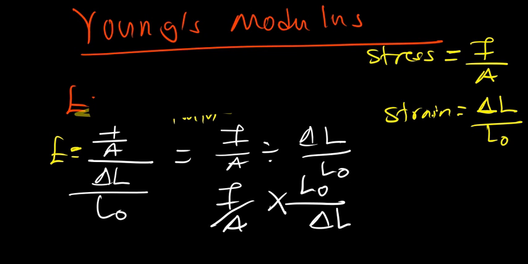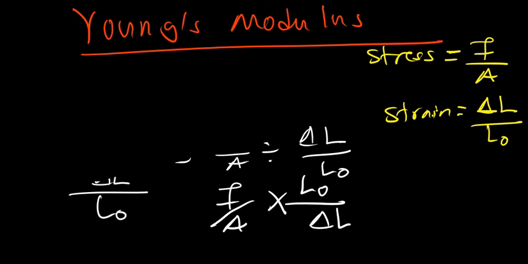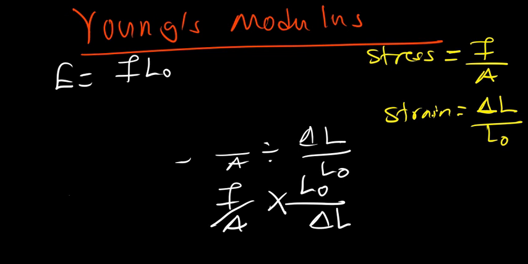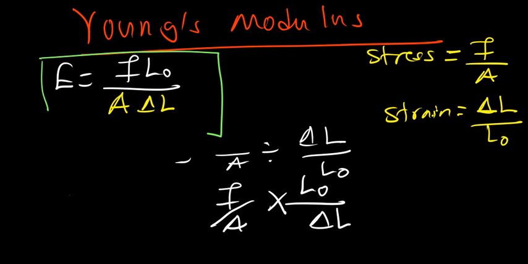The next thing which I'm going to do is my final formula for Young's modulus will be equal to F times L initial divided by the area times change in L. So this formula is very, very important. Test 1, this is coming.